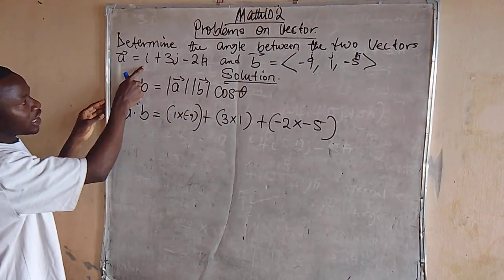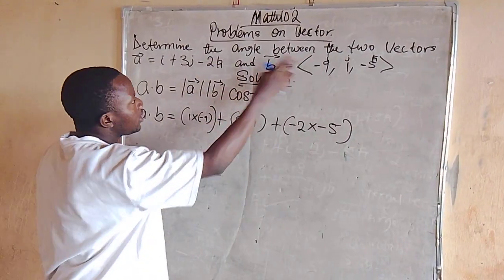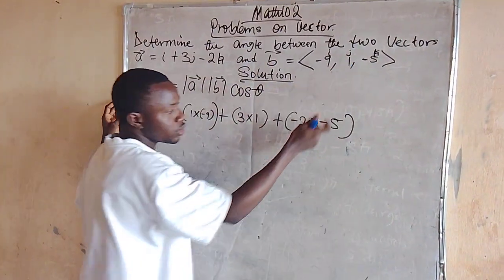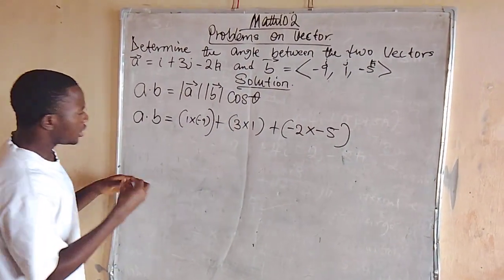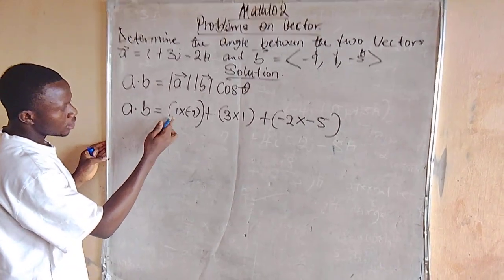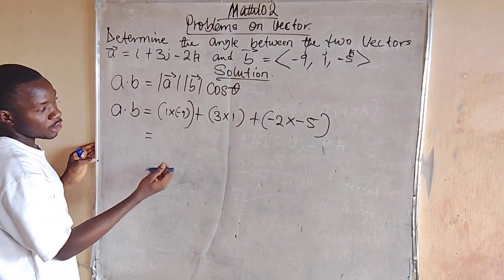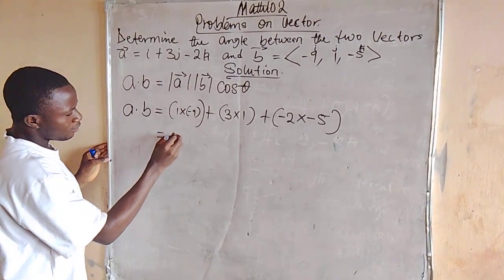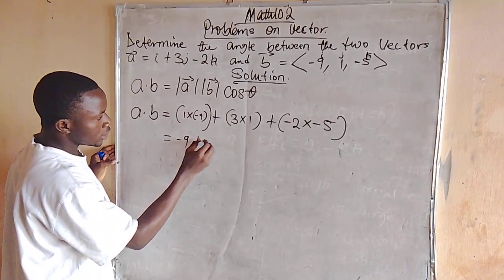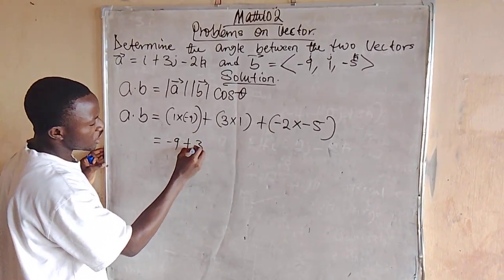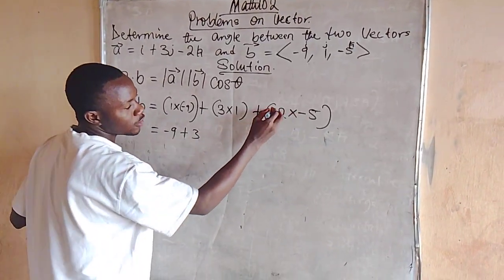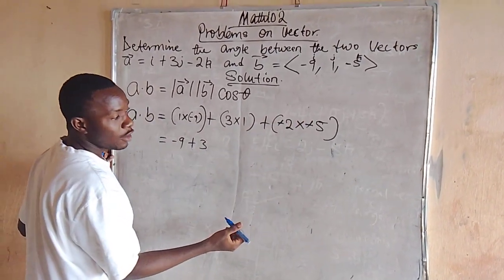So we multiply them together: i multiplied by i, j multiplied by j, and k multiplied by k. That is what we just did here. Now we simplify further. We have 1 multiplied by minus 9, which is minus 9, plus 3 multiplied by 1, which is 3, plus minus multiplied by minus, of course, this minus is going to go, so we have positive.